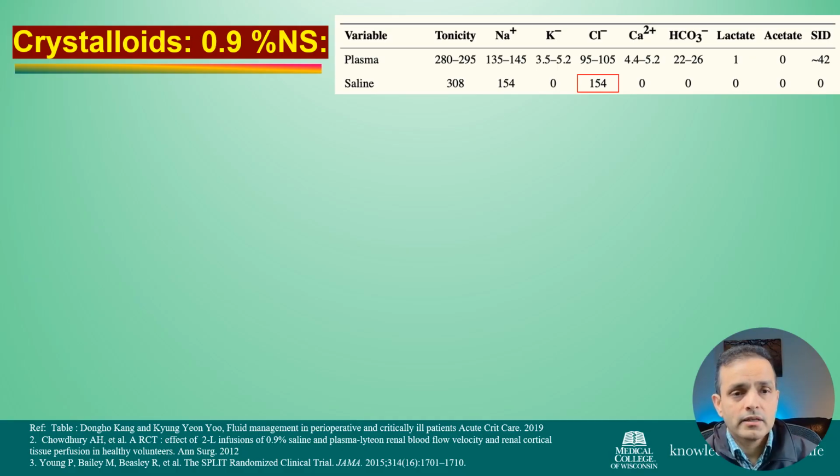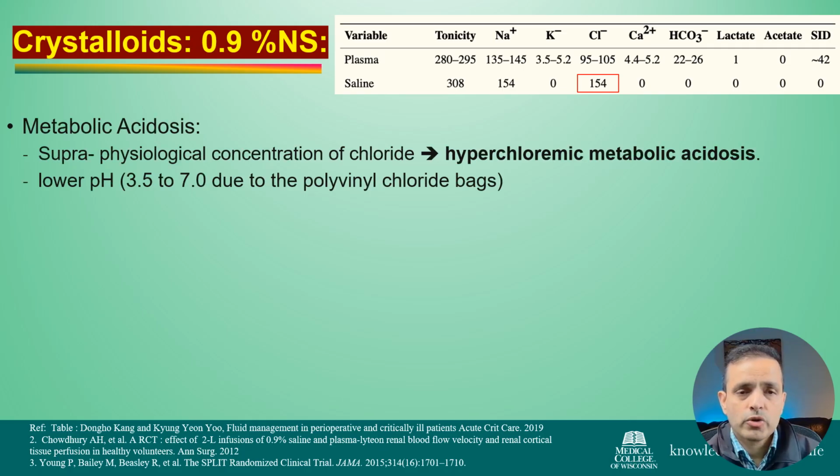Chloride, which is normally around 100, tends to go up to 102, 104, 106, and their bicarbonate tends to go down from 24 to 22, 20, and 18. So you see that trend, and that is called hyperchloremic metabolic acidosis, which is classical of 0.9% normal saline.